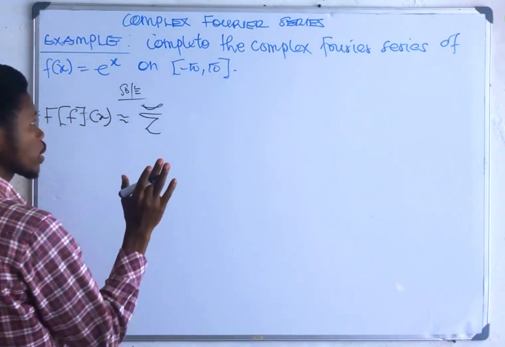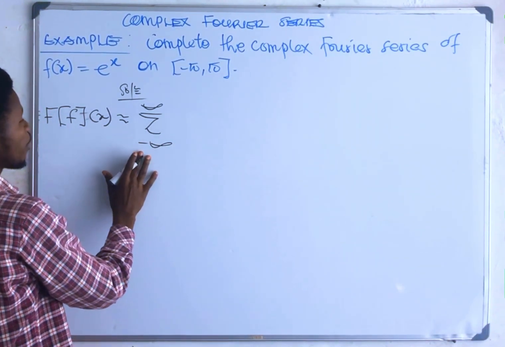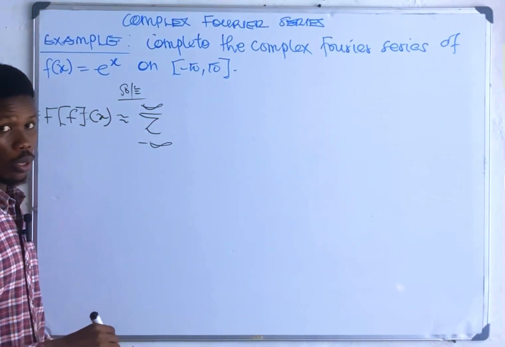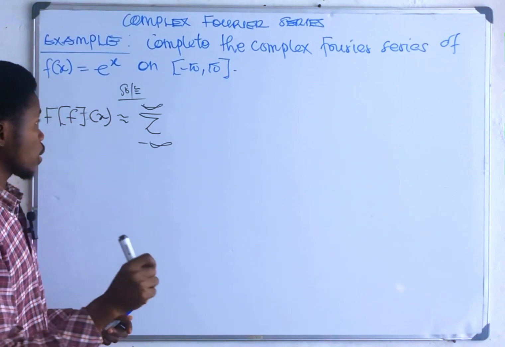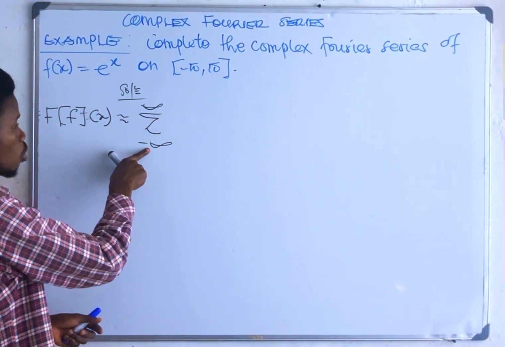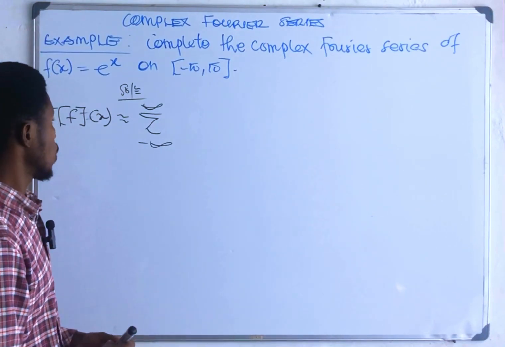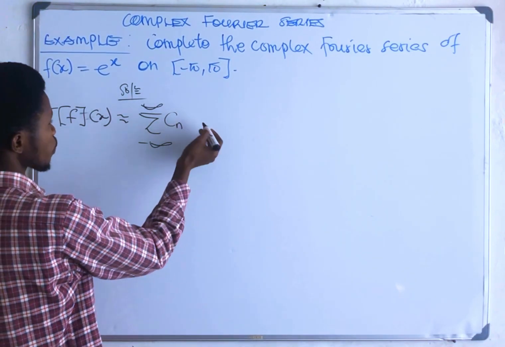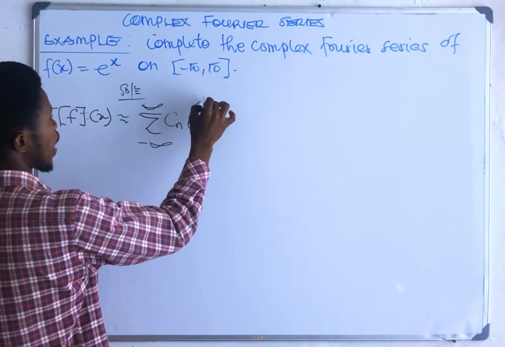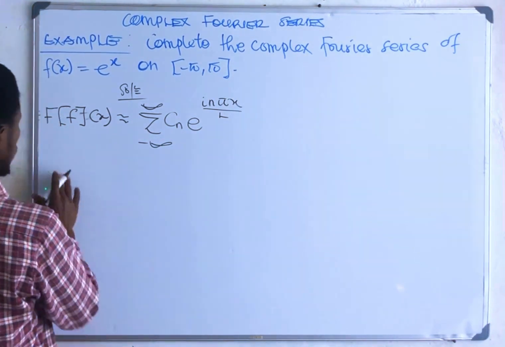Please, from the beginning, or the definition, it's supposed to be negative infinity to positive infinity. So my first explanation that I gave, this side should not be n equals 1, but rather negative infinity to positive infinity. Thank you very much for noting that. Cn e to the power i n pi x over L, right?